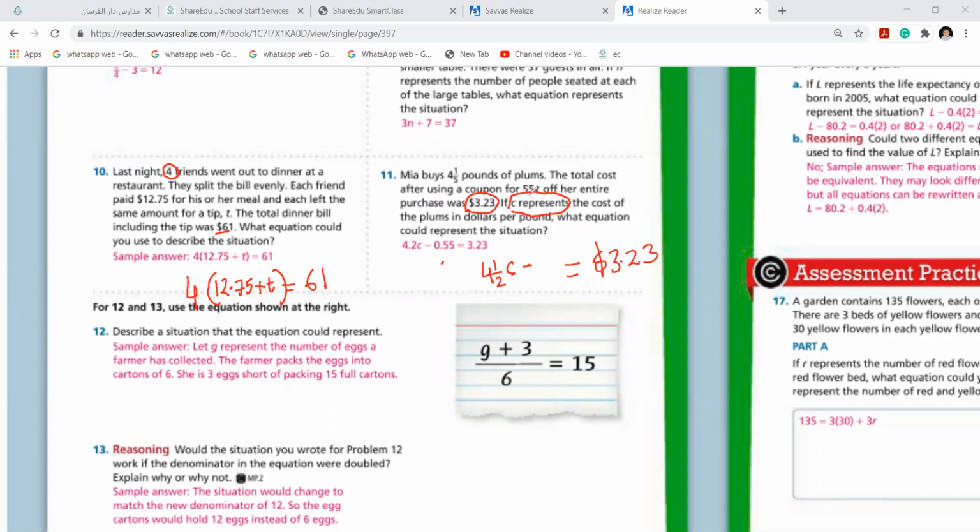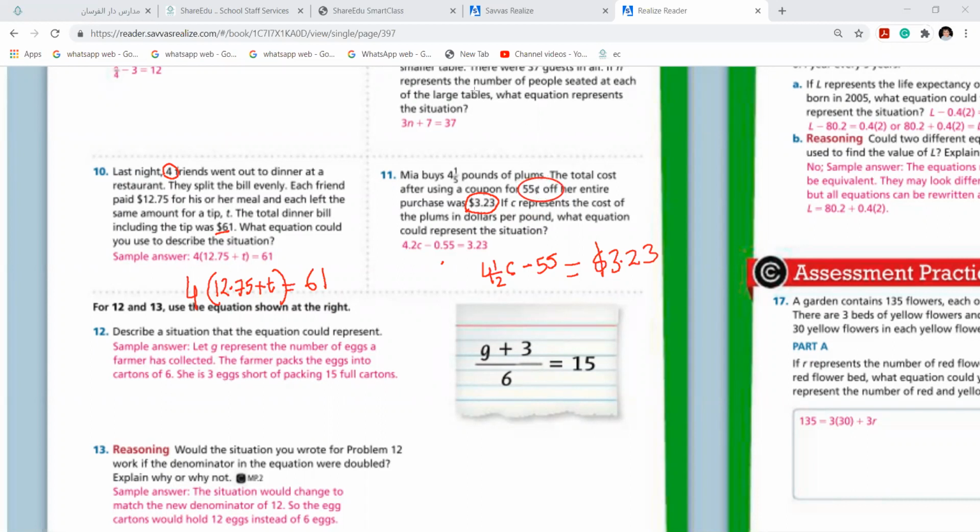And minus, because they said after using the coupon. From the coupon he used 55. But they said the total cost of the entire purchase. Why did he take 0.55? Because of percentage. The total cost after using a coupon for 55 cents off, girls. See this word, 55 off. What does this mean?